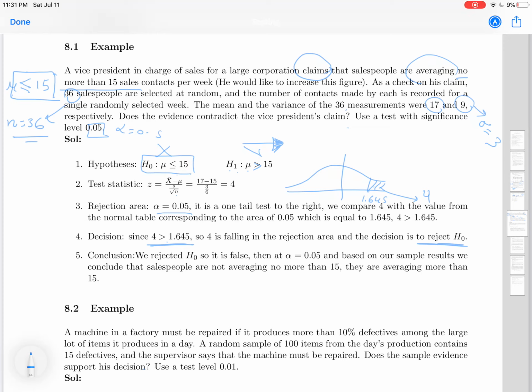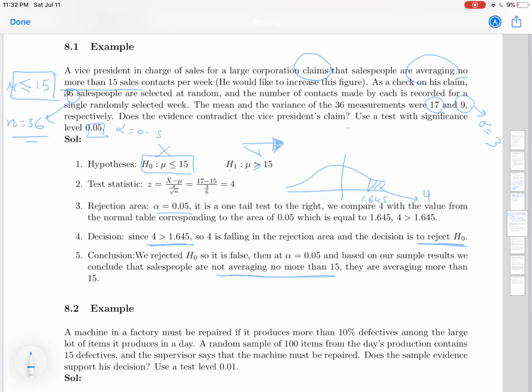So this means my decision is reject H node. You can write, since 4 is bigger than 1.645, so it's far away from my claim, then I'm going to reject the claim. So I rejected H node, so this means I'm assuming that H node is false, and I'm with the other claim that they are averaging more than 15.